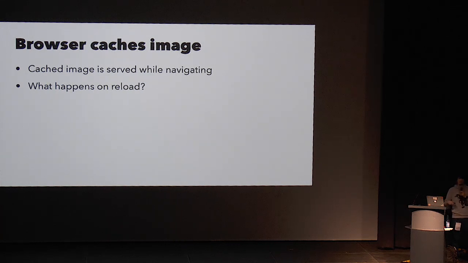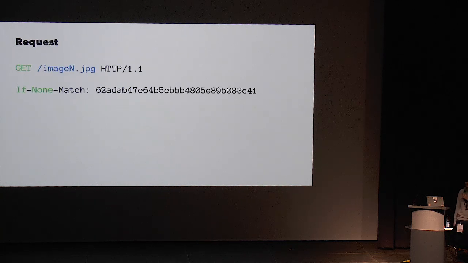But when you do a reload, which actually happens more often than you might think, then it won't serve it directly from the cache, but will initiate a request to your server, although you specified before that the image will be fine for a year.